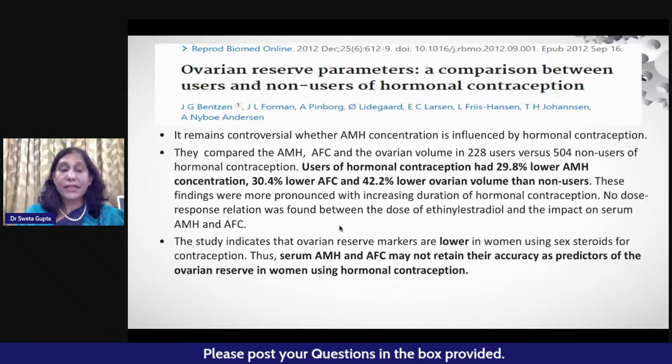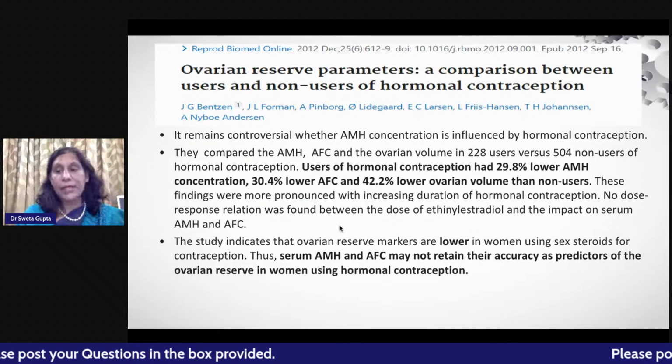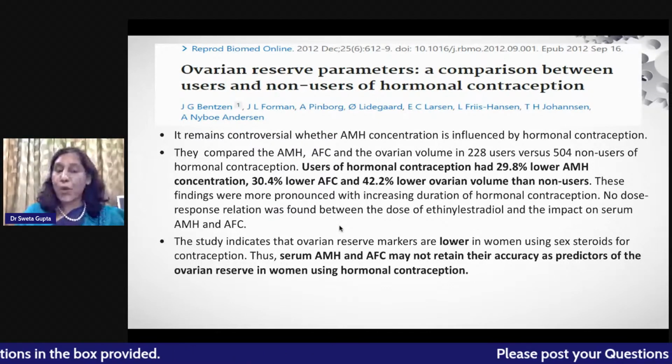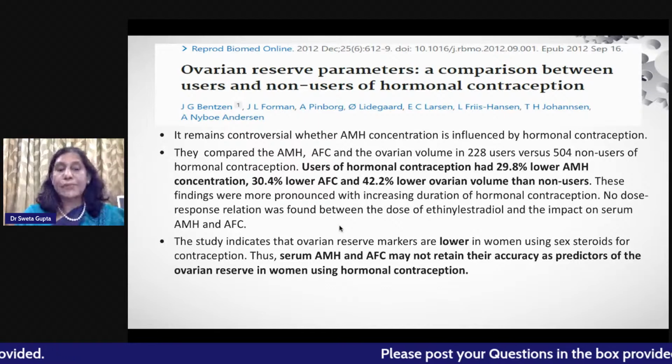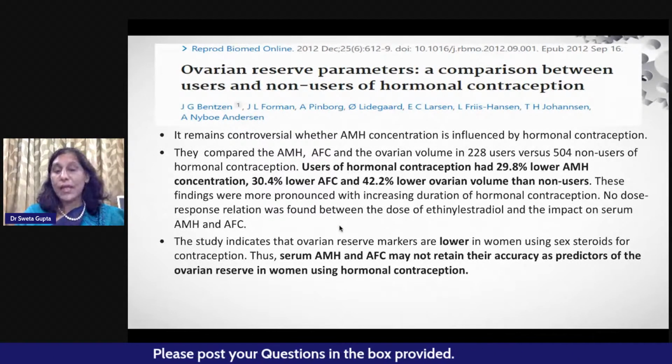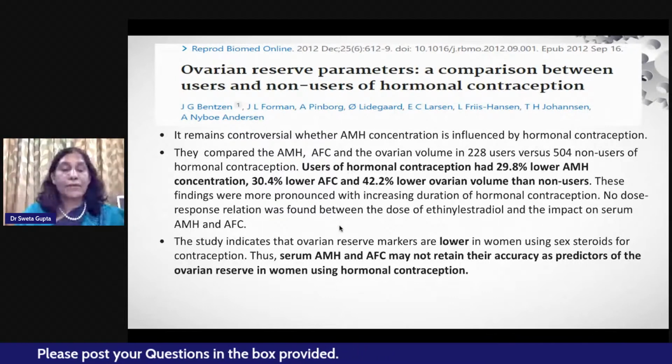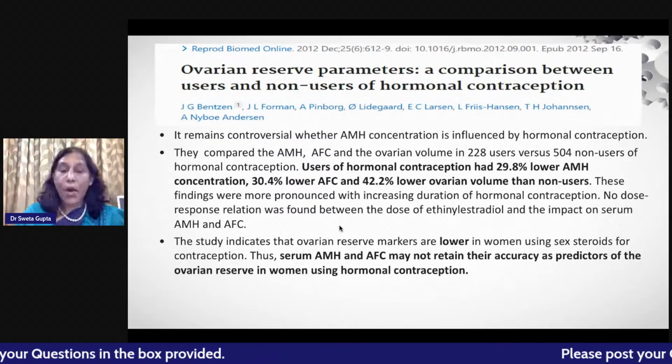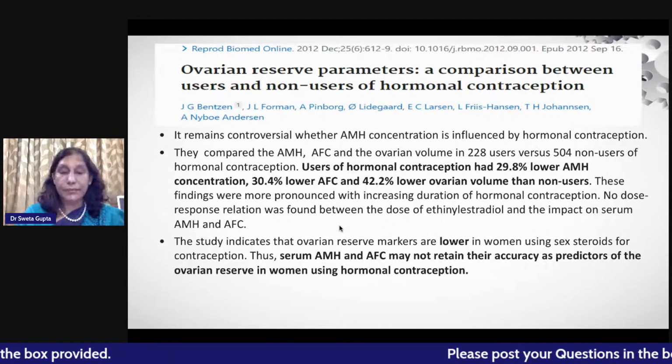So the study indicated that ovarian reserve markers are lower in women using steroids for contraception, and thus AMH and AFC may not retain their accuracy as predictors of ovarian reserve in women using hormonal contraception.